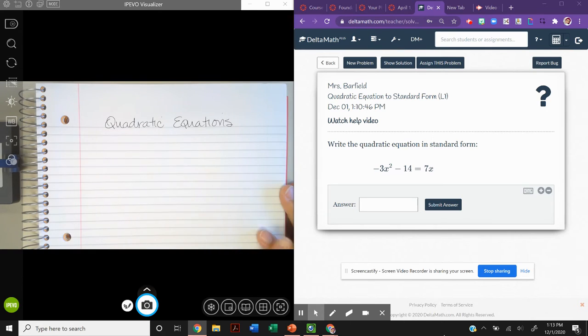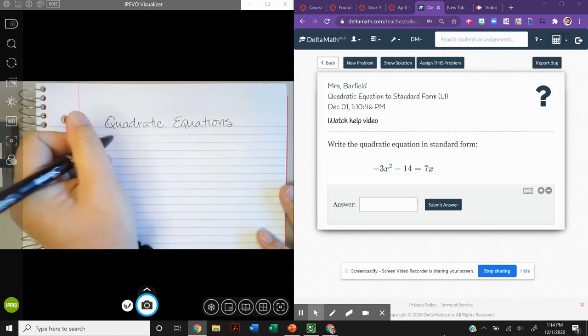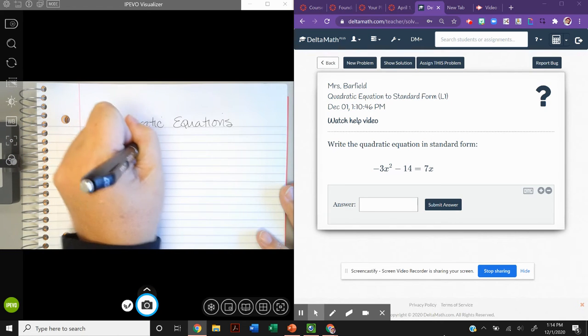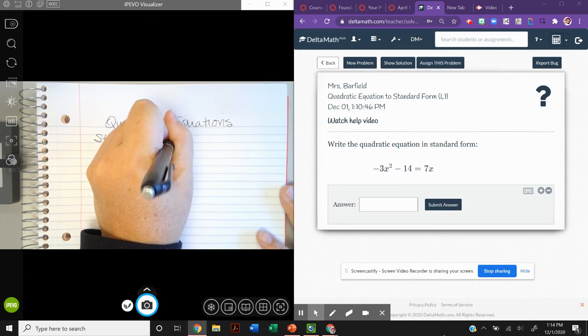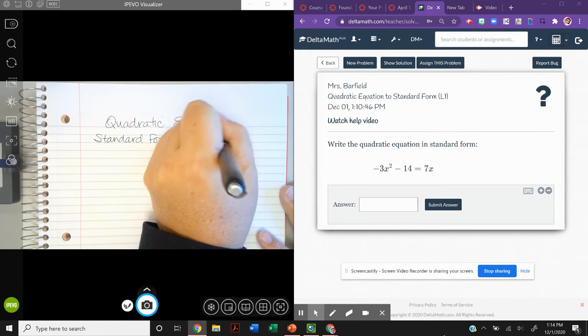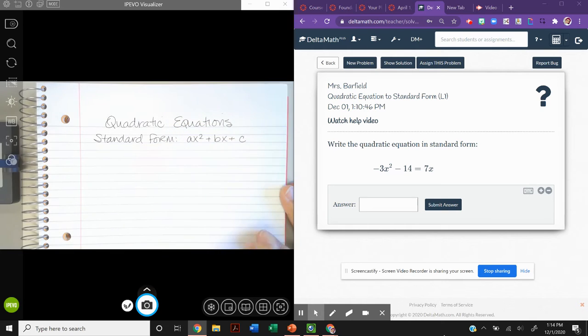So, first thing you have to be able to do is write a quadratic in standard form. So, if you're looking at the example there on the right, what does that mean for us? So, standard form is ax squared plus bx plus c.